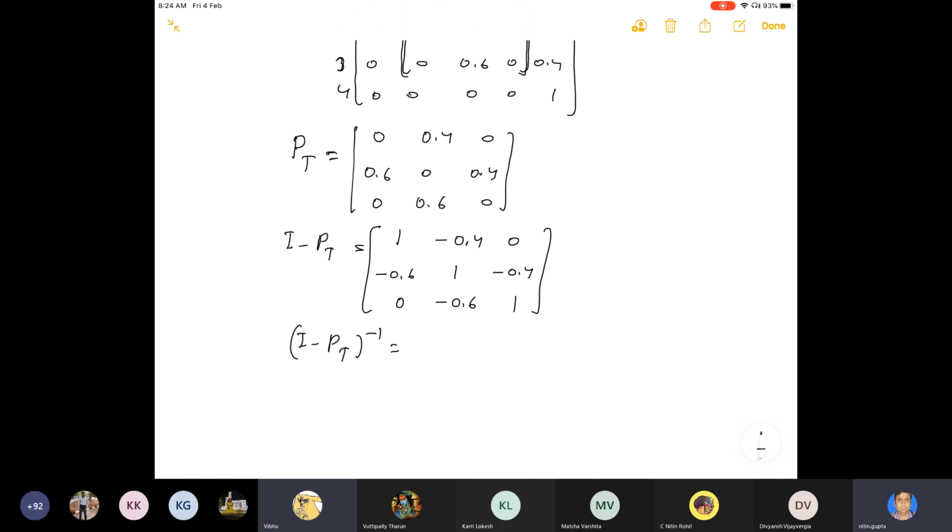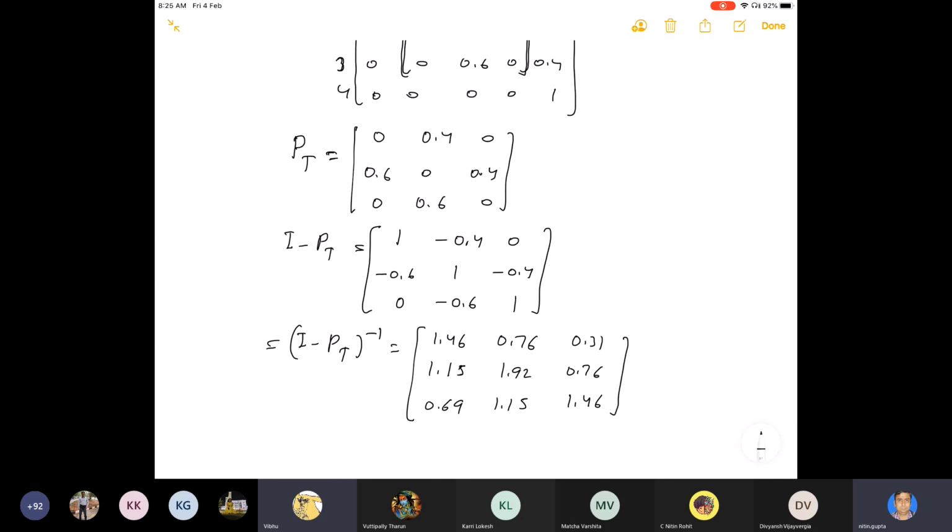So this is 1.46, 0.76, 0.31; 1.15, 1.92, 0.76; 0.69, 1.15, 1.46. So this is the inverse of I minus PT.